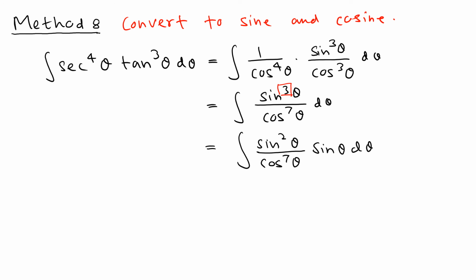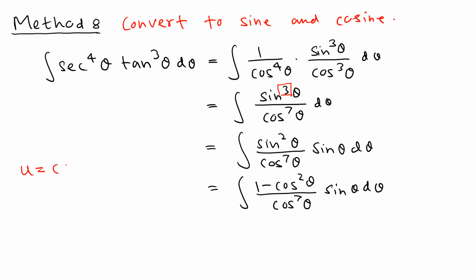Now we can use the substitution. But before that, we're going to rewrite sine squared as 1 minus cosine squared. So we can write this as 1 minus cosine squared theta over cosine^7 theta times sine theta d theta. So it's clear what the substitution is. We pick u equal to cosine theta, and once you take the derivative, du equals negative sine theta d theta.